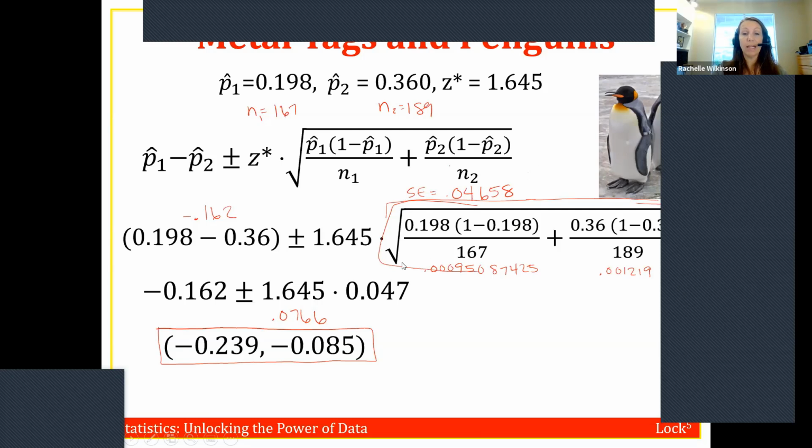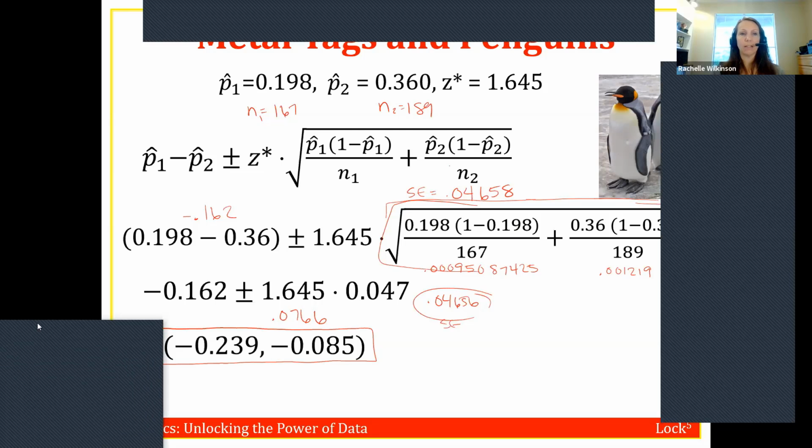So then I could just take that number that they gave me here, the 0.04656. I know that that number is going to replace the square root and everything underneath it to be my standard error. So then to compute my confidence interval, all I would have to do is multiply that 1.645 times the standard error number that's already been calculated for me, and then add and subtract that to come up with my confidence interval.